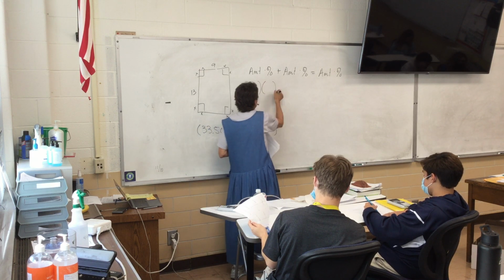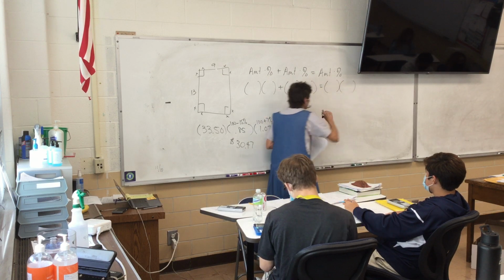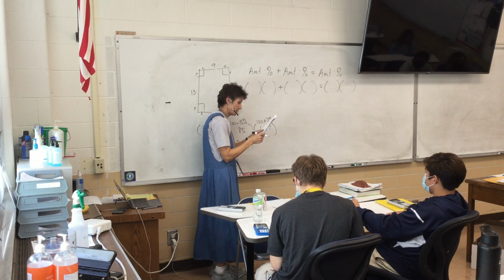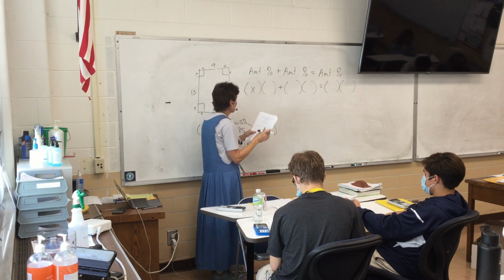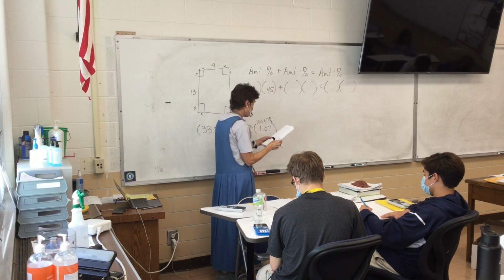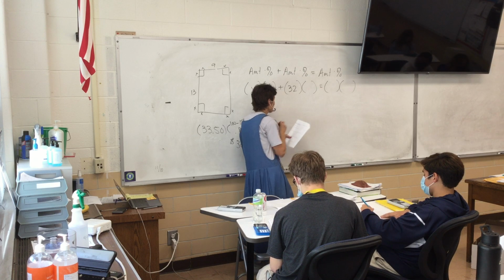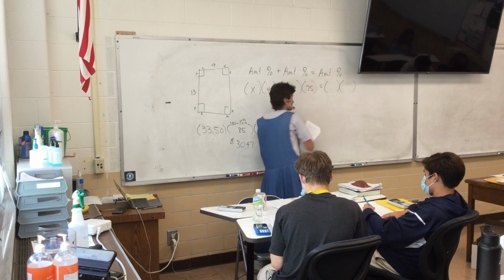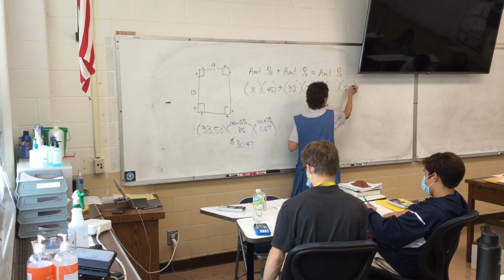Amount times percent. How much 45% cocoa should be mixed with 32 ounces of 75% cocoa to get cocoa that is 58%?